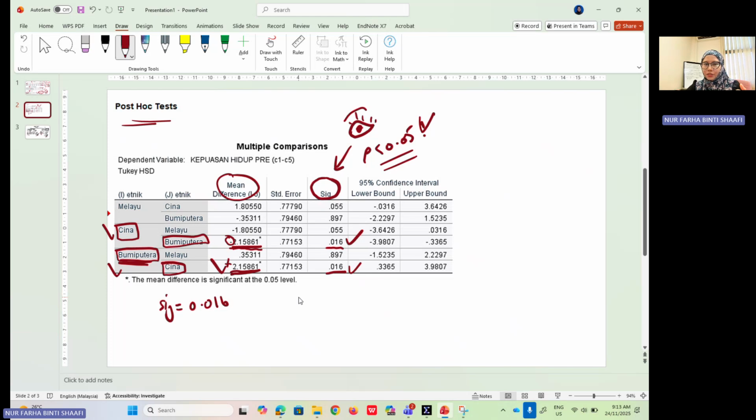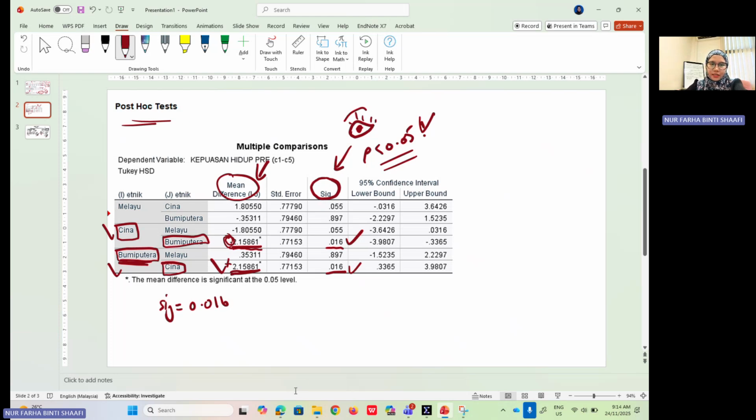Which one is higher? You look at the mean difference here. Chinese ethnicities have lower life satisfaction because of the negative sign here, compared to Bumiputra with a mean difference of 2.16. Bumiputra have higher life satisfaction compared to Chinese ethnicities with the mean difference of 2.16. That settles the post hoc test.